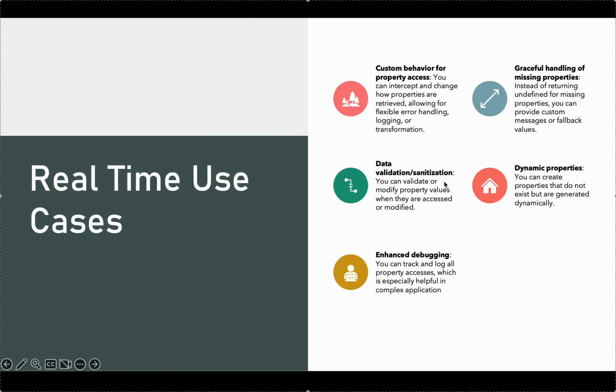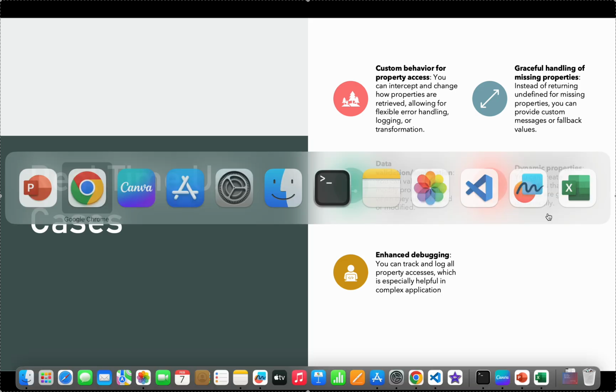Data validation, sanitization. Before changing the value or before returning the value, you can customize them, as I said. So you can do the data validation or sanitization, or you can create dynamic properties. Let's say you're trying to access a property and it's not there, as I showed over here.